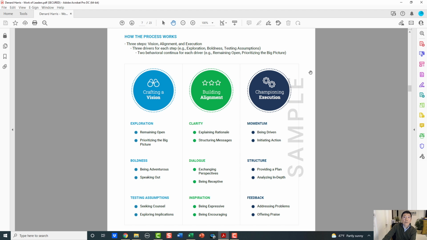And under each one of those, there are 2 sub-elements, as you can see under exploration, remaining open, and prioritizing the big picture. Each one of these will be rated in this report.